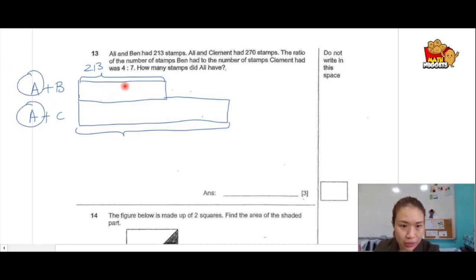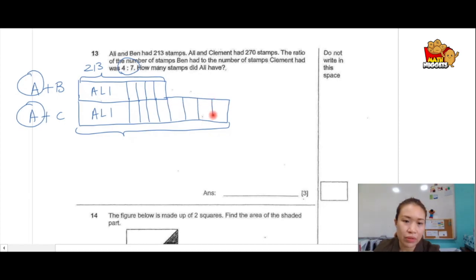So if Ali is repeated, I'm going to cut out Ali in front. Let's call this Ali. Okay, so the back will be Ben, and over here the back will be Clement. So the question tells us that Ben is 4 units and Clement is 7 units. So over here I can cut this like 4 units and Clement would be 7 units.